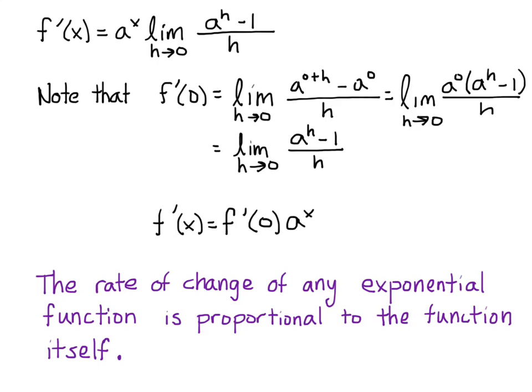So that was the whole point of going through this exercise: we can look at what happens when x equals 0, what does f prime equal? And then we have this relationship that says we can figure out what the derivative is just by knowing f prime at 0, because it's proportional to the original function.